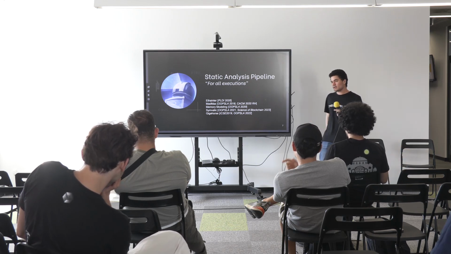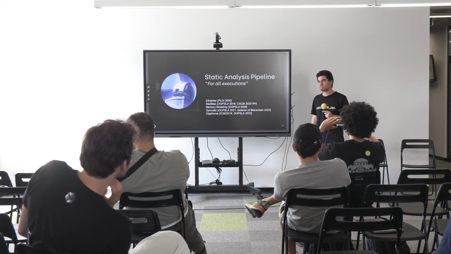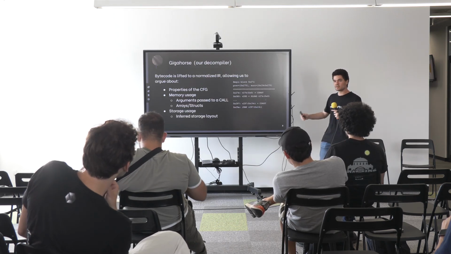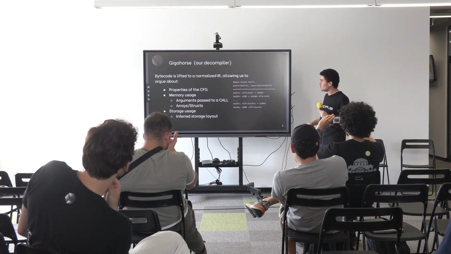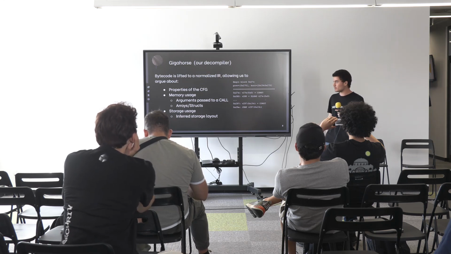Our analysis pipeline is based on previous research work, and I won't dive into it much, but essentially there are two parts that we need to talk about. The first one is GigaHorse, which is the backbone of our famous decompiler.